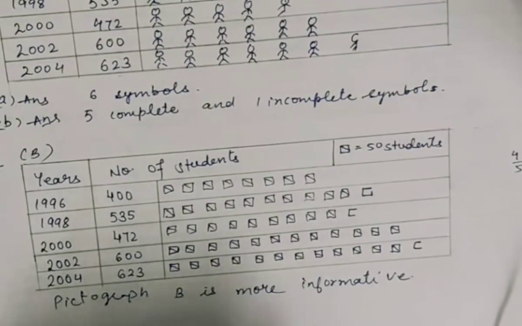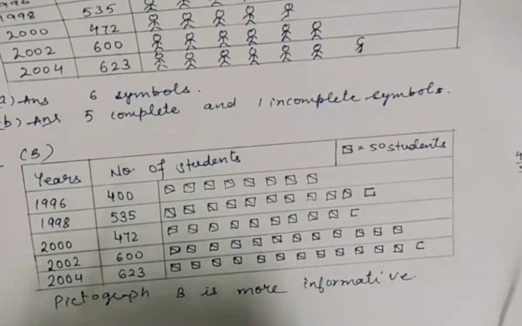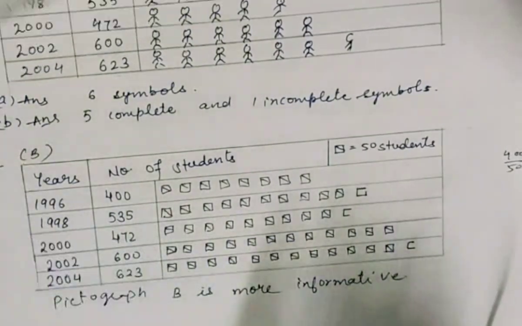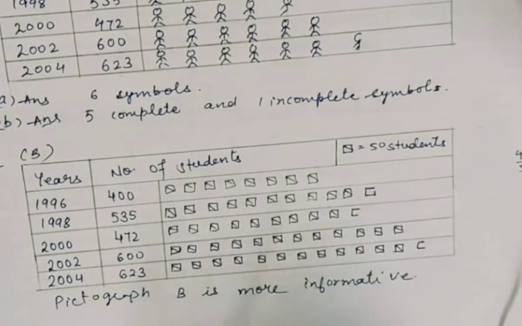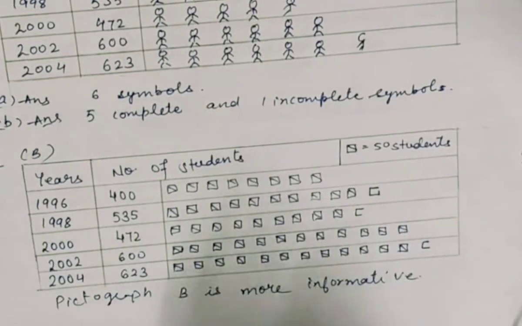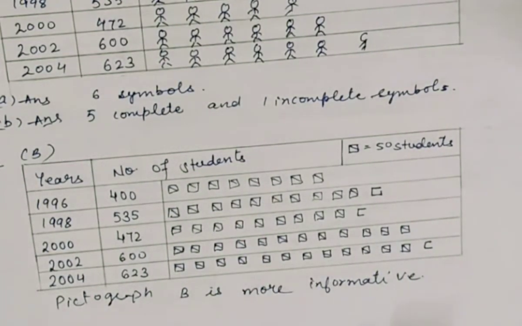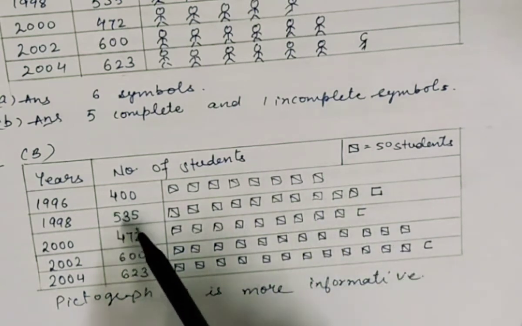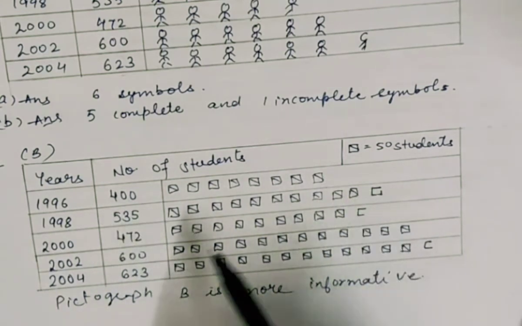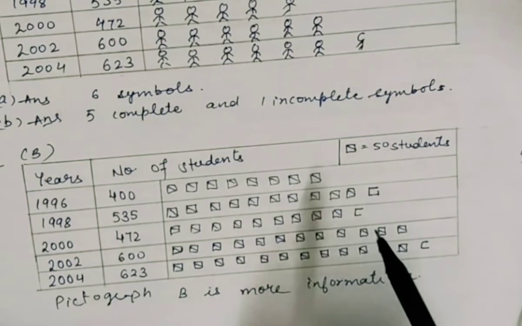But one thing I want to discuss with you, and even ask you: is it the best way to represent the data, and is it a good way to interpret exact numbers using the pictograph? I think your answer will be no, because, like 535, we are not knowing it exactly, and 472 is not exact.